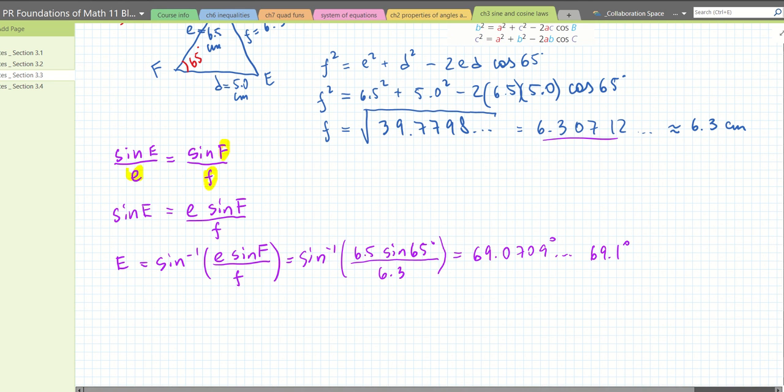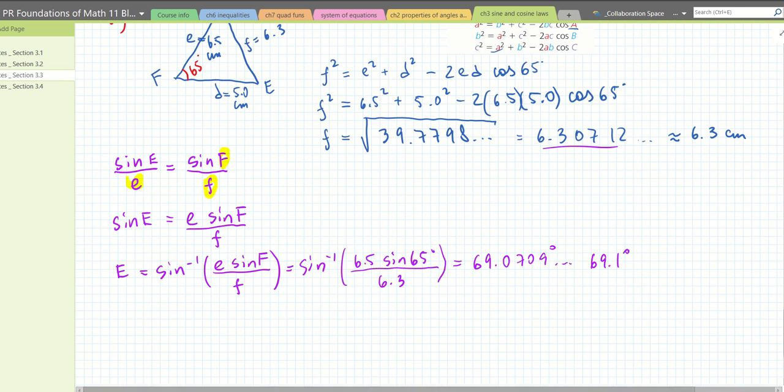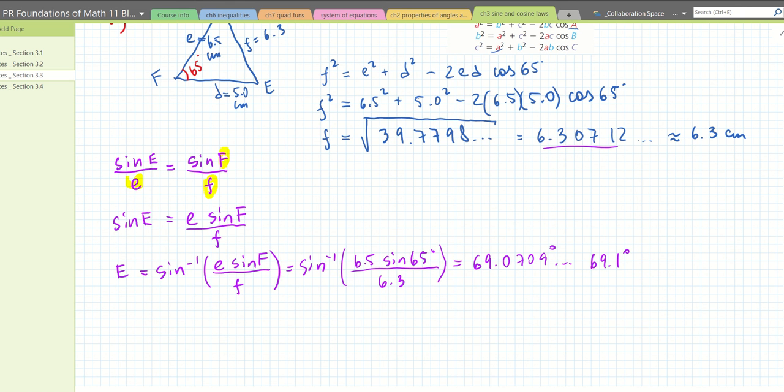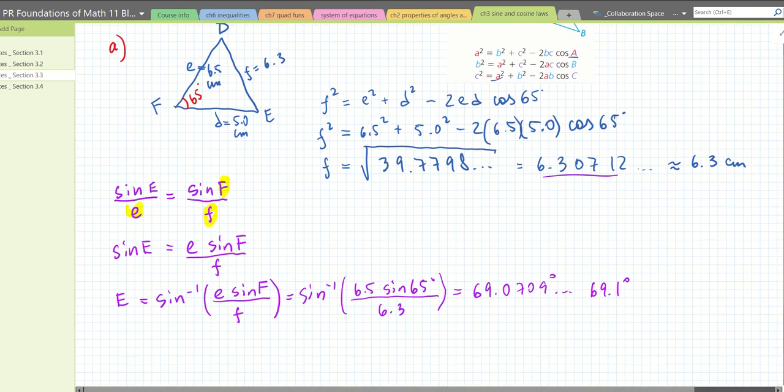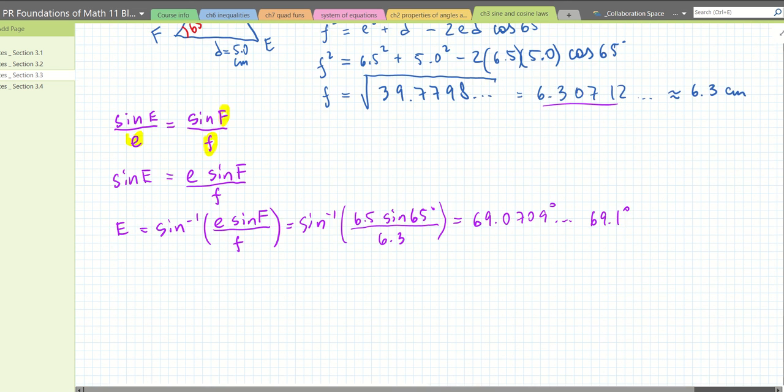So let me switch back to blue. If you are using cosine law, again, we're going to use one of these equations up here. Let's write it down first. So let's say we use the first equation here. Instead of A, we're going to replace it with a D. So all the other letters, this means this is going to be lowercase d here.